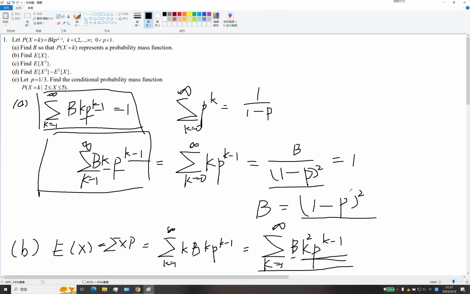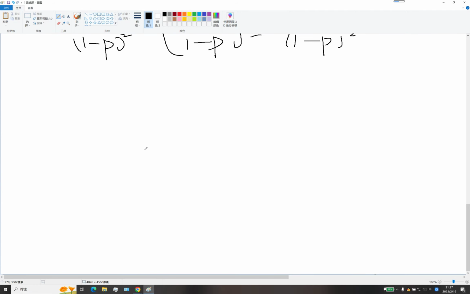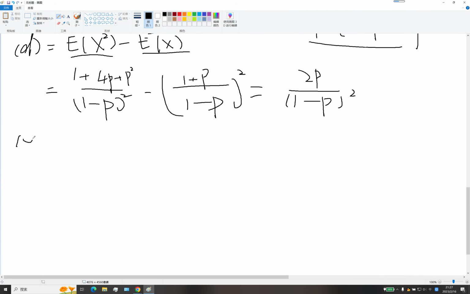Now we look at question 5. Let p equal 1 over 3 and find the conditional probability mass function, which is P(X equals k) given x between 2 and 5. So what we want to calculate is P(X equals k and x between 2 and 5).